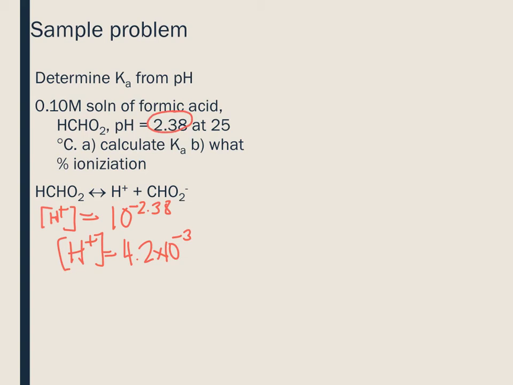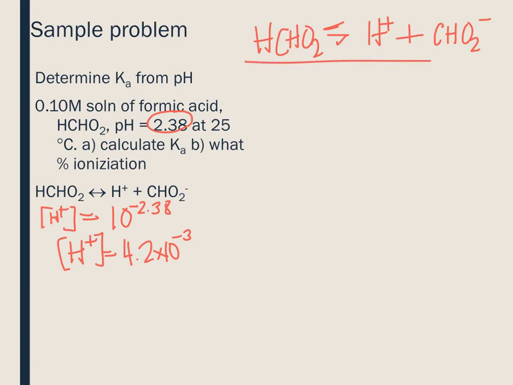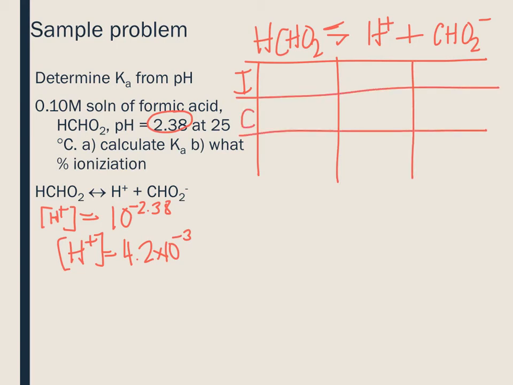All right, so the next thing we're going to do is an ICE chart. So we're going to take our HCHO2, and that forms H plus, or H3O plus, and our CHO2 minus, our conjugate base. I'm going to use this in an ICE chart.